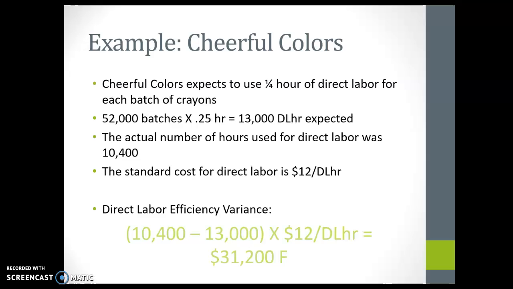And so they paid more, and because of getting more experienced people out there, those people knew what they were doing, and they were able to save the company $31,200 because those people were a lot faster. They were able to get the job done with fewer hours.